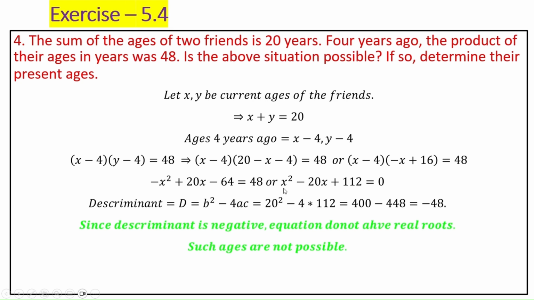The quadratic equation we finally get is x square minus 20x plus 112 equal to 0. So the discriminant is minus 48, which means this quadratic equation does not have real roots. So the situation given is not possible with the ages.